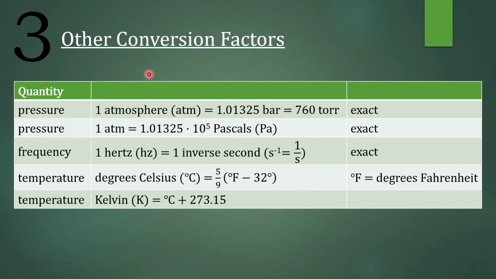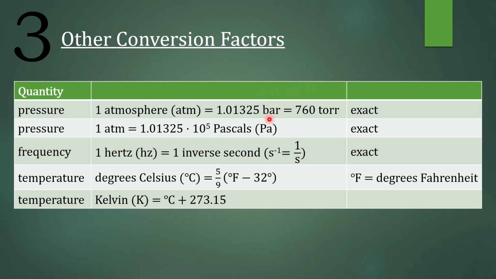Now, we also have some other conversion factors. I had mentioned in that first slide physical quantities such as pressure. Atmosphere is a very popular unit. As a matter of fact, 1 atmosphere is approximately the pressure pushing down on you at the surface of the Earth from the atmosphere above you. But again, other units that might be used would be bar or torr or pascals.